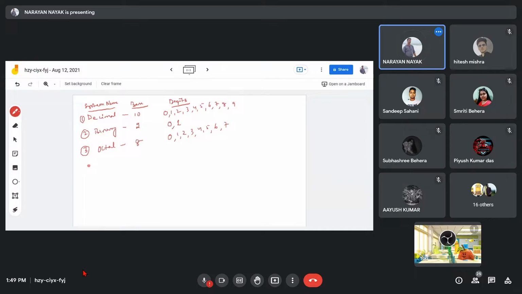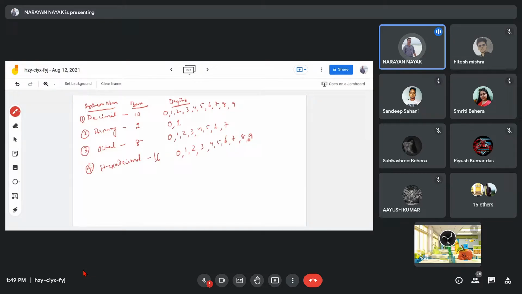And the fourth one is your hexadecimal. What is the base? Base is 16. So what are the digits we have to consider here? The digits are 0, 1, 2, 3, 4, 5, 6, 7, 8, 9.